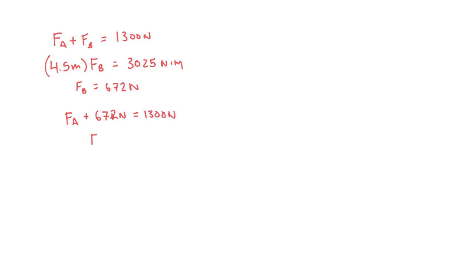That gives us FA is equal to 628 newtons. So the sawhorse on the far right side, force B, is holding up 672 newtons worth of weight. And then force A, the sawhorse on the left side, is holding up 628 newtons worth of weight.